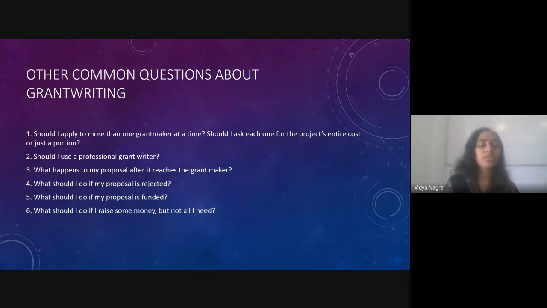Other common questions about grant writing. Should I apply to more than one grant maker at a time? Should I ask each one for the project's entire cost or just a portion? Definitely you can ask multiple funders at a time, because it is not necessary that everyone will approve your funds.